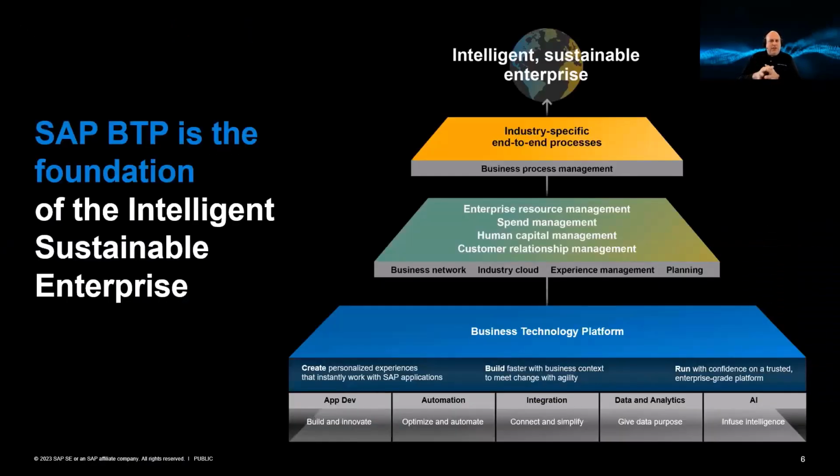And really, this is the foundation of the intelligent, sustainable enterprise, really where we have all of the application development, automation, integration, and data analytics and AI together. So really, it's a portfolio of products and services under one umbrella. Again, it's not a standalone product, so it's not really on a price list.